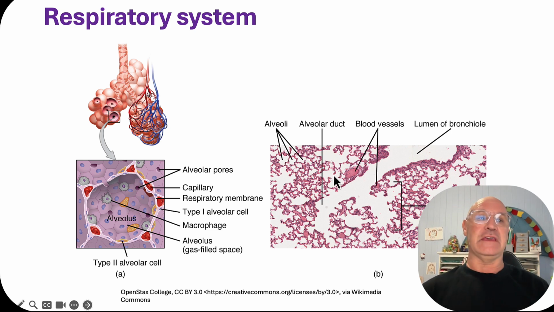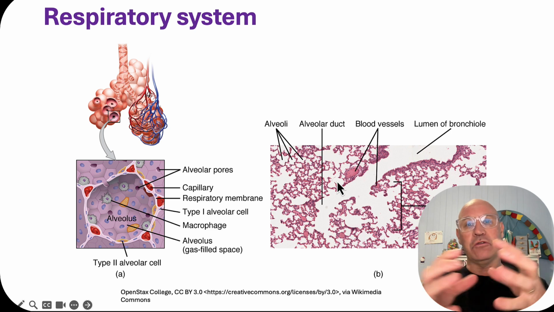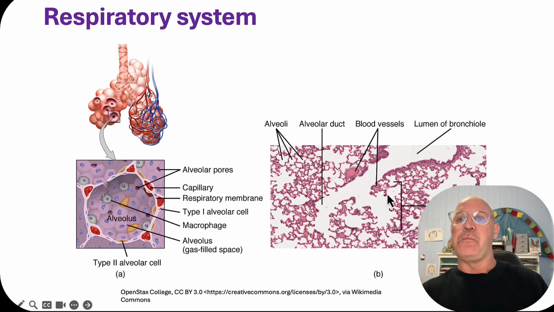It needs to be thin for gas exchange to occur. It's in these circles here because that's the alveoli, the air sacs. You can see that they're very thin. It's wrapped around with blood vessels here for the gas exchange to occur. And so the main thing that we can see here is epithelial tissue. There will obviously be connective tissue as well, sort of holding it together.